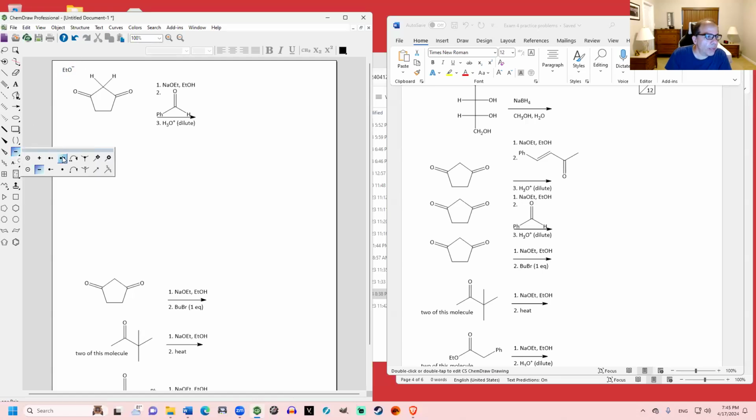So we have our ethoxide ion. This part is much harder on ChemDraw than with a pencil. The ethoxide will deprotonate alpha to both carbonyls.